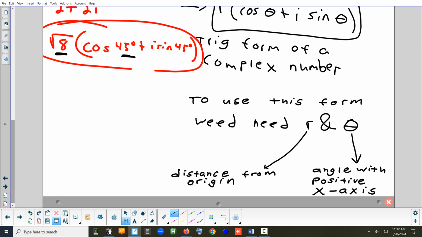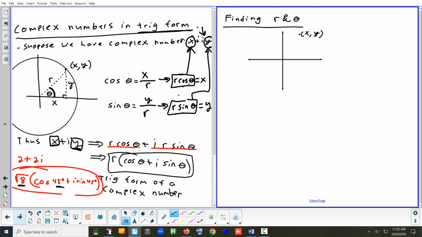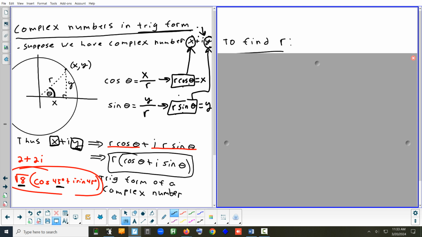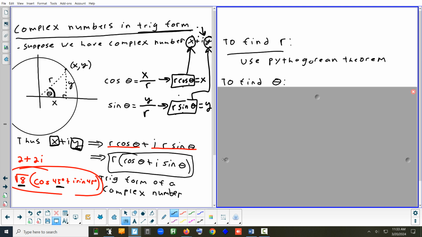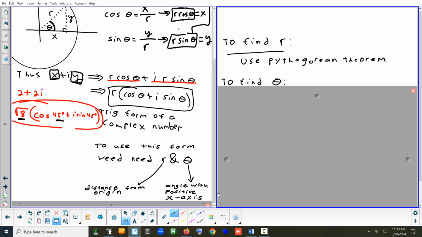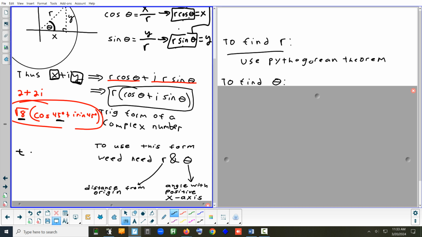Okay, so how do you find the r and the theta? Well, I've kind of already written this down. To find r, you use the Pythagorean theorem. It's the radius of the circle, but it's really the hypotenuse of the triangle. So that's how you find r. Now, if you use theta on that triangle, you would have tangent theta equals, and what would go on the other side?